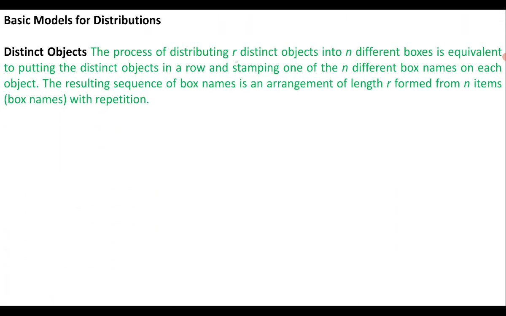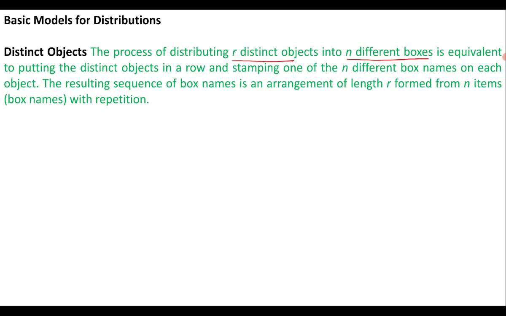The process of distributing r distinct objects into n distinct boxes is equivalent to putting the distinct objects in a row and stamping one of the n different box names.